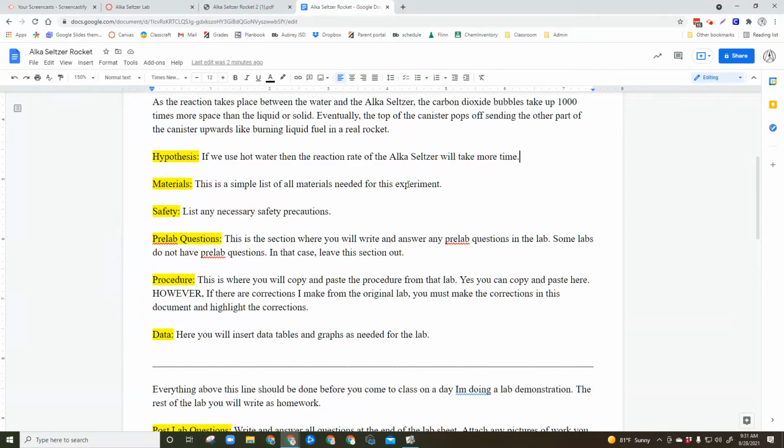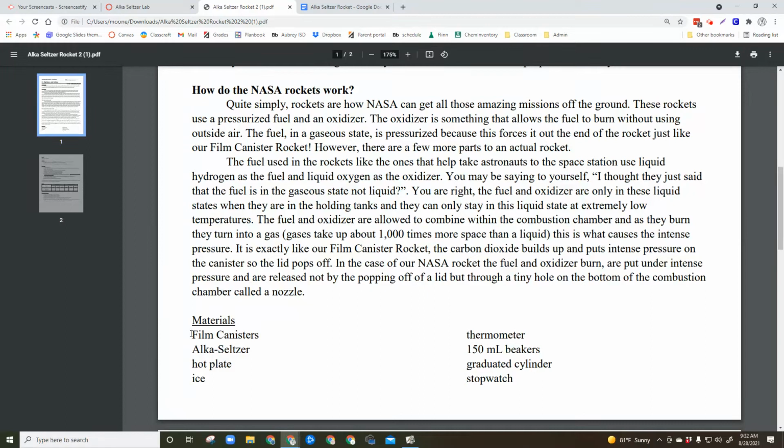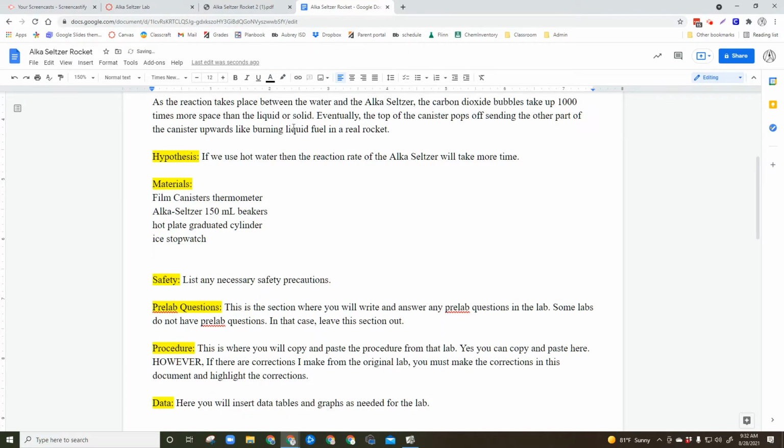Materials. This is a simple list of the materials needed for the experiment. Okay, there's no interpretation there. There's nothing that you have to read and interpret and write in your own words. This is just your materials. You can copy and paste this. So I'm going to copy this, and I'm going to come over here, and I'm going to Control Shift V, not just Control V, but Control Shift V, because I want to keep this same formatting that I've got going here.